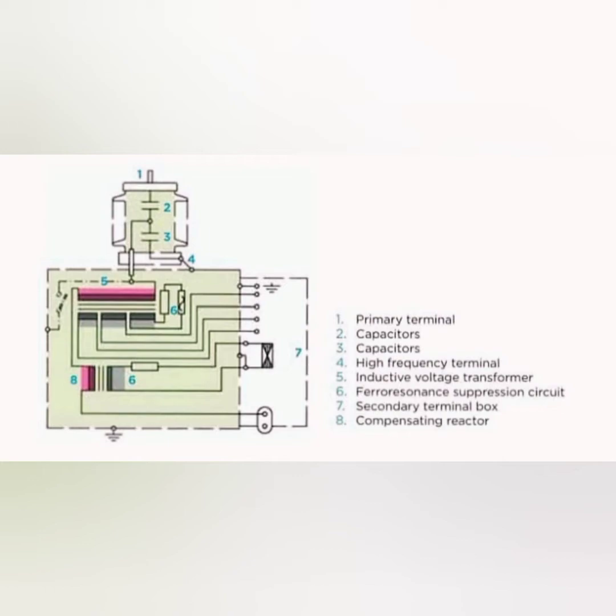The sixth one is your ferroresonance suppression circuit. The seventh one is your secondary terminal box. The eighth one is your compensating reactor. So these are all the constructions of how CCVTs are used in your substation.